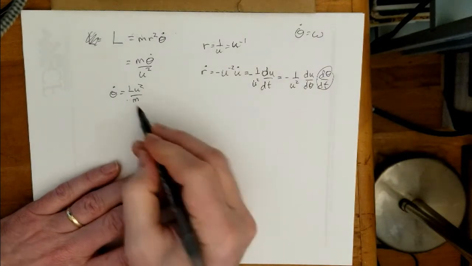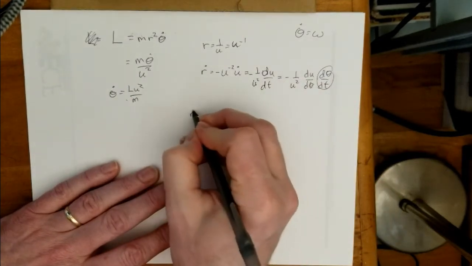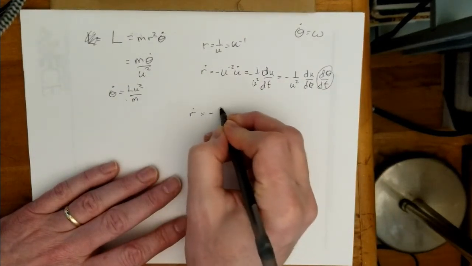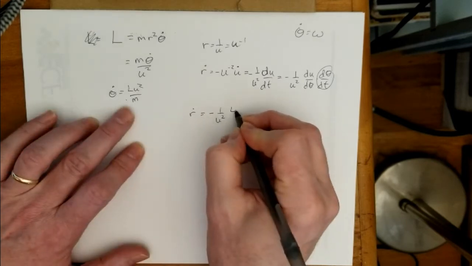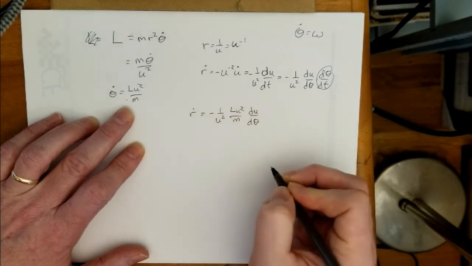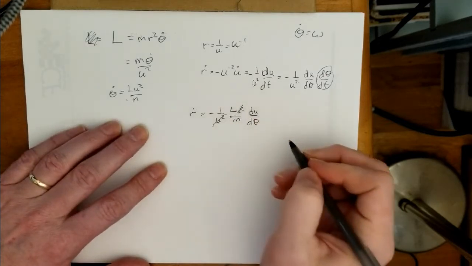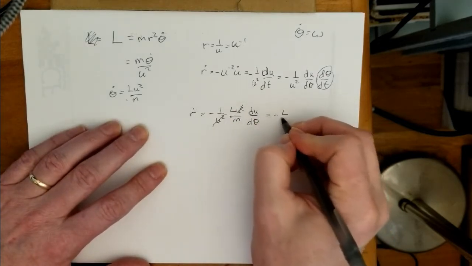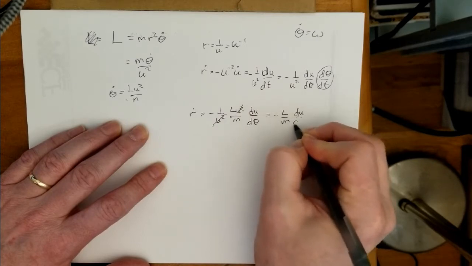And d theta dt we have right there. So r dot becomes negative 1 over u squared times L u squared over m times du d theta. Those cancel out, and I'm left with negative L over m du d theta.